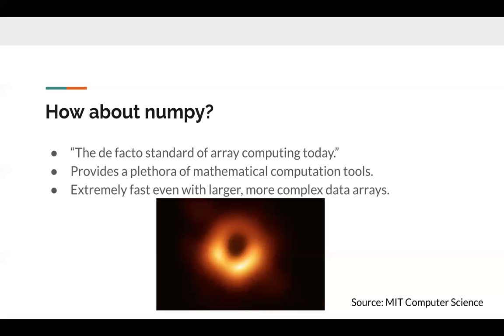This image I pulled from MIT Computer Science is of the first image of the event horizon of a black hole. NumPy, along with SciPy and Matplotlib, enabled the scientists at MIT's Computer Science Department to develop this image by producing the data assemblage, which is of vast amounts of radiation data from the light that is being captured by this black hole and being pulled in, which is extraordinary to say the least.